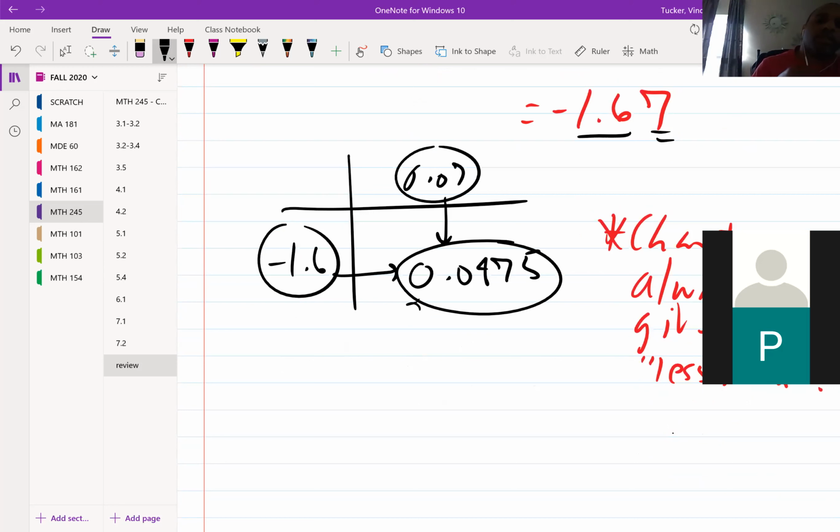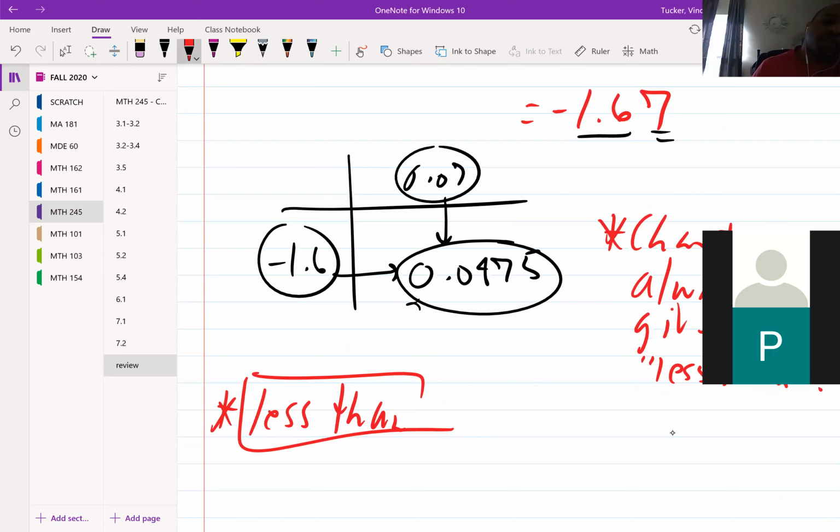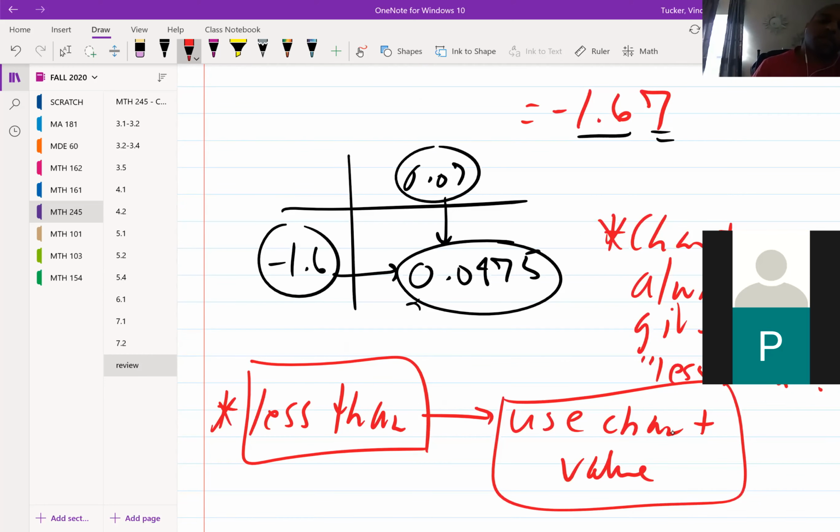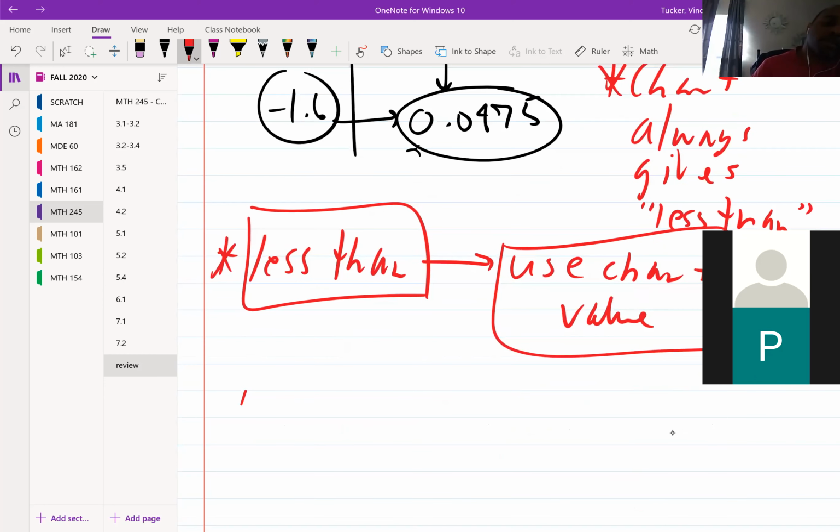So I want to say this: if you're looking for less than, then we're going to use the chart value. So that is our answer at 0.0475.